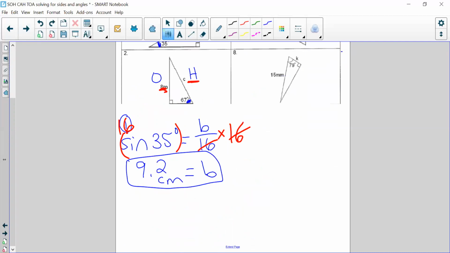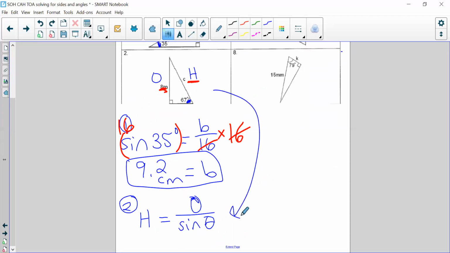So number 2, I just set up my formula here. My hypotenuse is going to equal the opposite divided by sine theta. So my opposite side length, the number 2, so we're down here now, is 8 meters long, and my angle is 67.